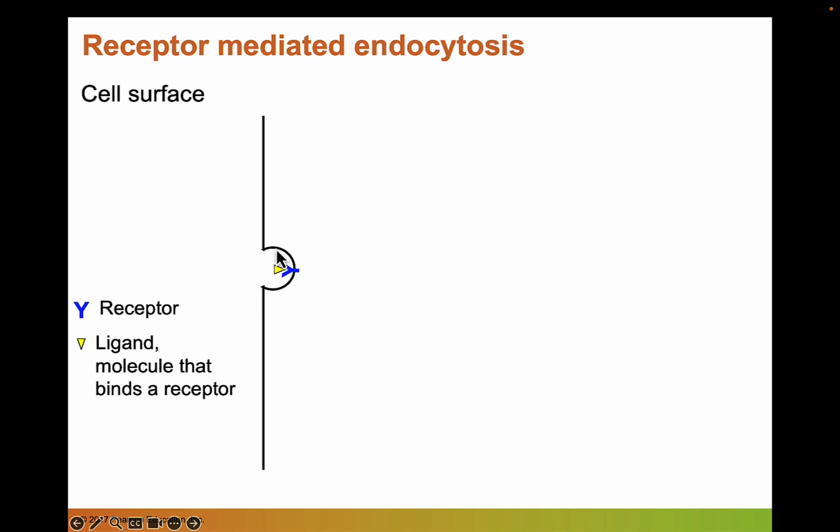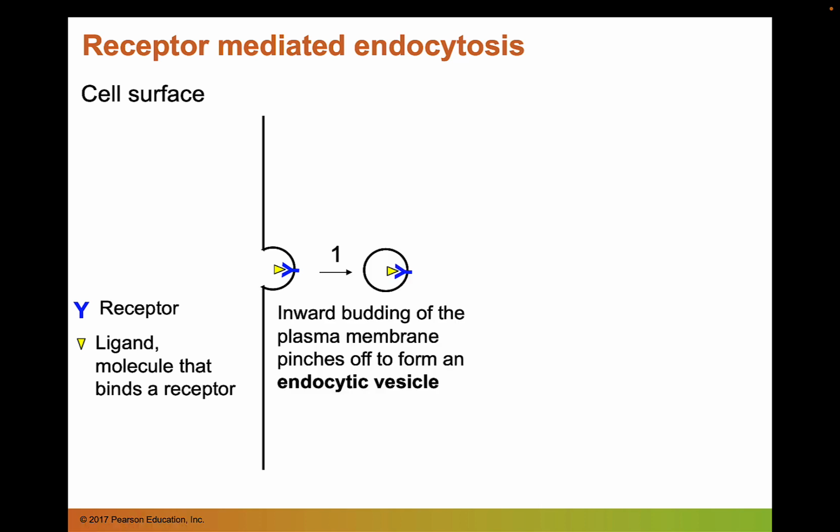What happens is there's this inward budding of the plasma membrane, and then this bud pinches off. And when this happens, what forms is called an endocytic vesicle. There's been a little bit of a membrane contraction here, and it usually requires some sort of pinching to occur. So now we have our endocytic vesicle and our receptor still bound to our ligand.